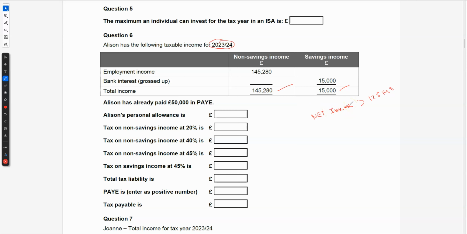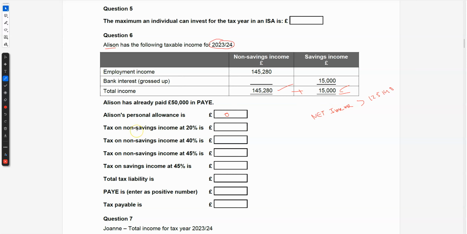There is no more personal allowance available if someone has a net income more than 125,140. Her income here is definitely more than that, so there is no personal allowance left for her. So we say 0.